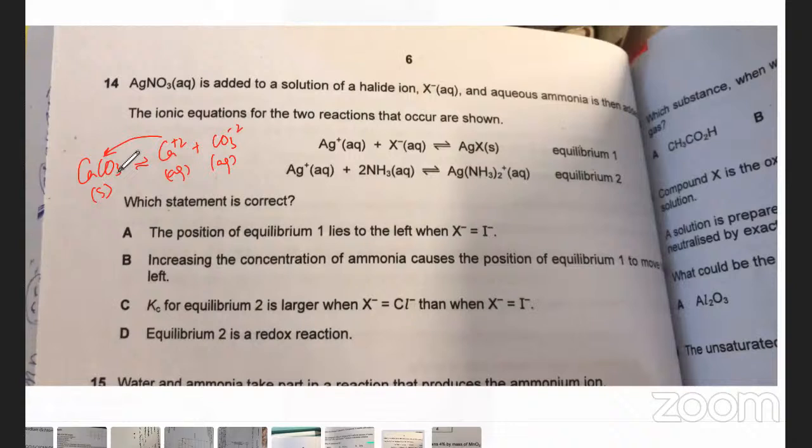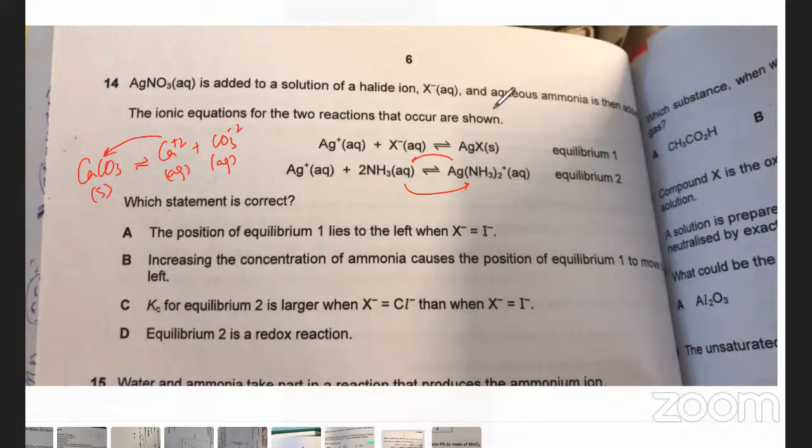Is that point clear? So the point is, they haven't really told us whether it's dissolving or not. They just told us an equilibrium reaction. We don't know whether the equilibrium is shifted to the right or to the left. Is that clear? Yes. Now they're talking about the position of equilibrium one, which lies to the left when X is iodide, right?